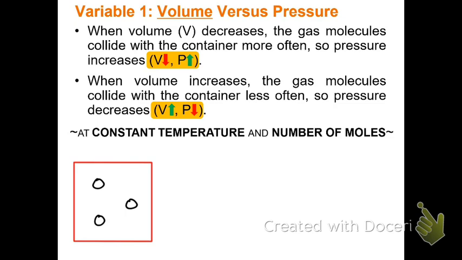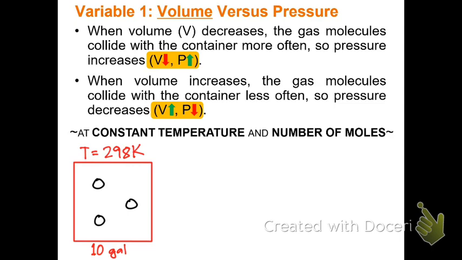And let's also say that this is 10 gallons, so this is a 10-gallon container. We're going to keep the temperature and number of molecules constant, so I'm going to put the temperature at, let's say, 298 kelvins.